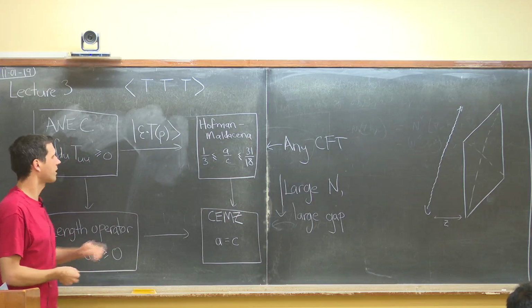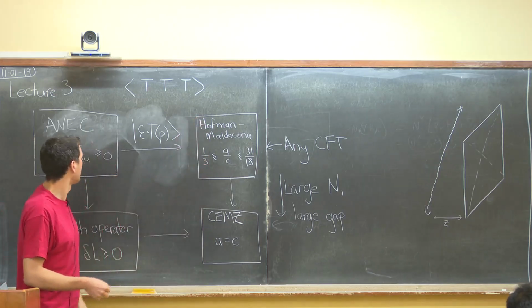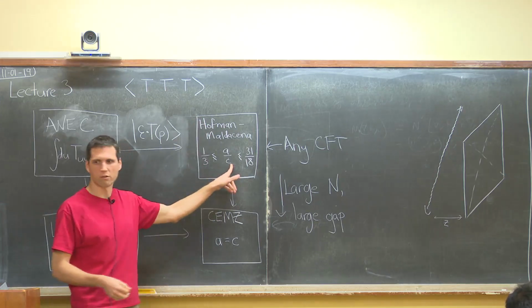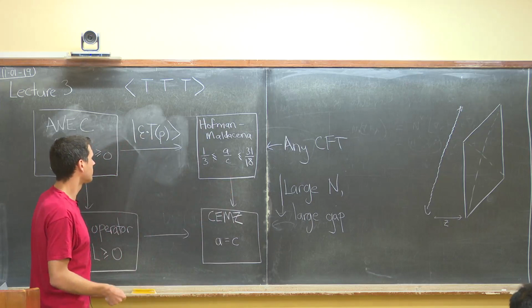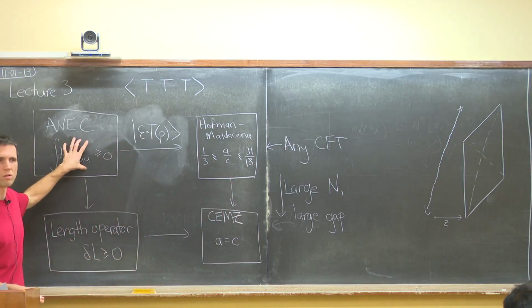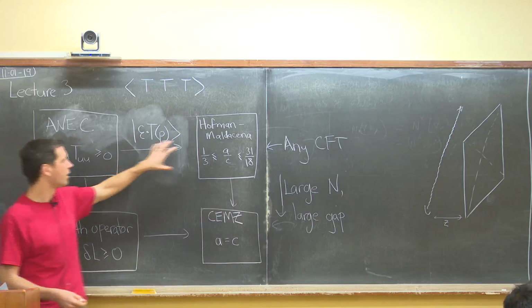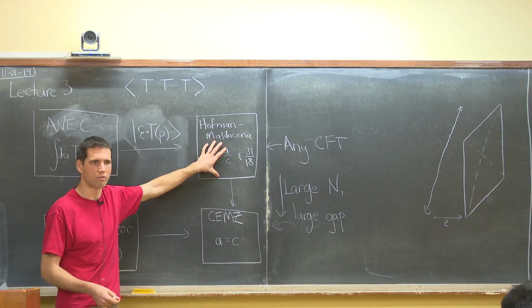That gives the conformal collider bounds, or Hofman-Maldacena bounds, and in particular restricts A over C to this range of values. This was completely general. The ANEC is really the stronger condition, and this is a consequence for the TTT 3-point function.